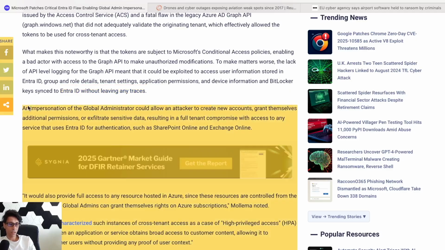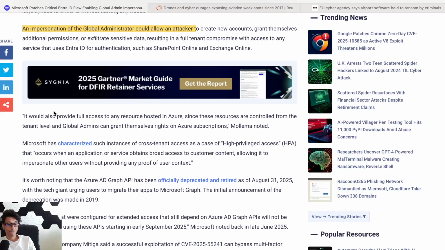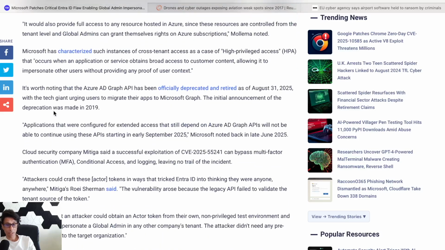Although one of the proof of concepts was essentially the creation of a user, the paper mentions that the proof of concept achieves that by impersonating a global admin on an infrastructure for which you're not meant to have access. So in theory, you can have access to anyone's infrastructure on Azure. Yeah, that bad. This is serious.